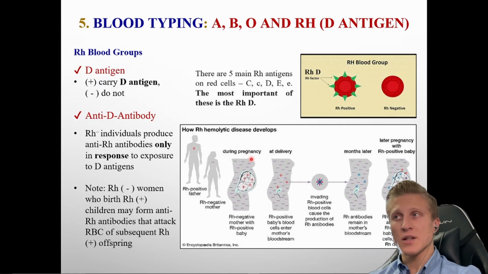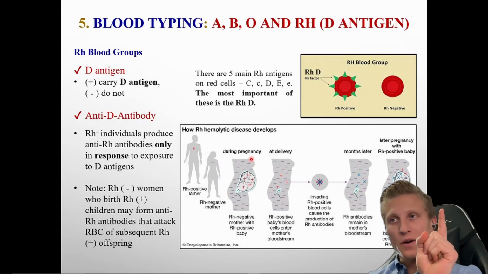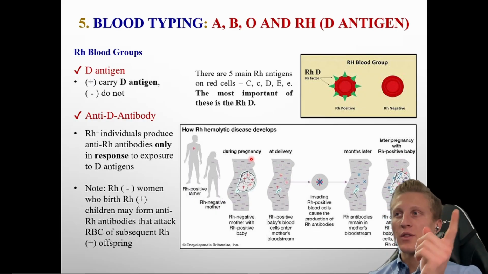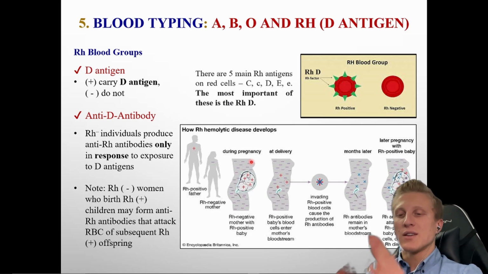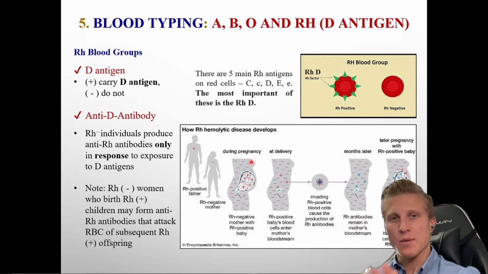So during first pregnancy, we don't have an issue, okay? Because mom's immune system is not going to interact directly with the Rh positive blood of baby, and therefore won't have an infectious reaction to it. However, during the process of delivery, during giving birth, the placenta will separate off of the lining of the uterine wall, and there will be some vascular damage that occurs there.